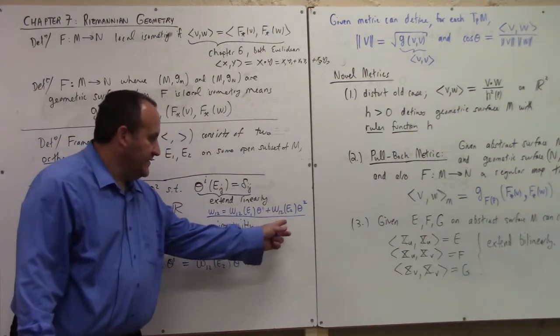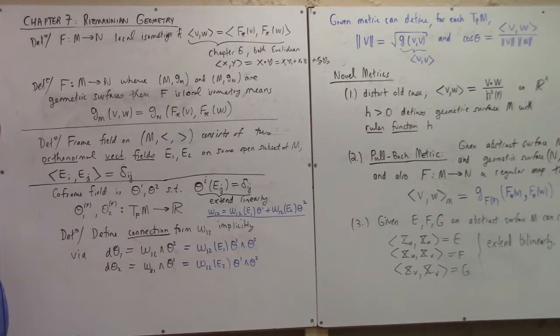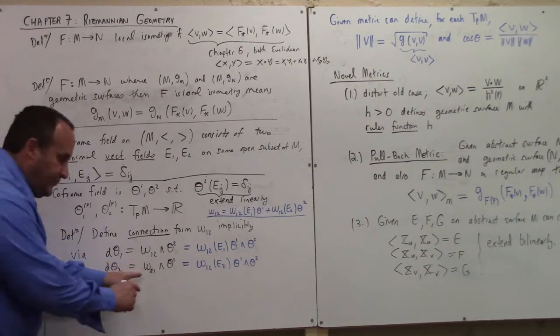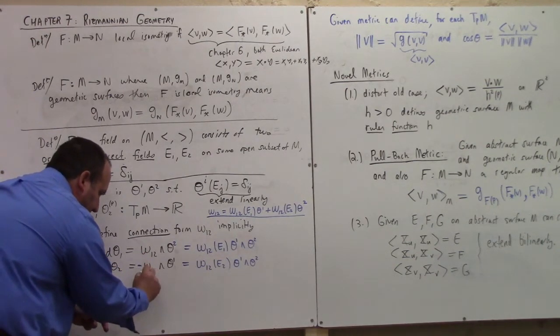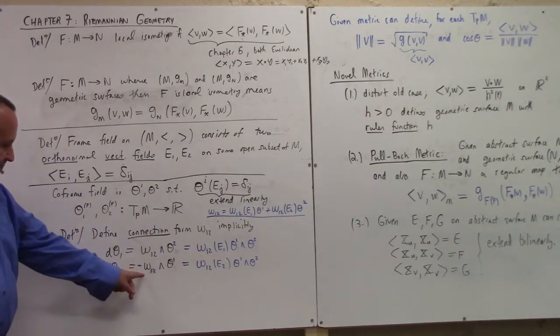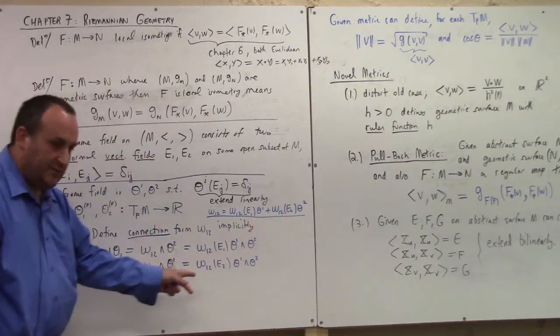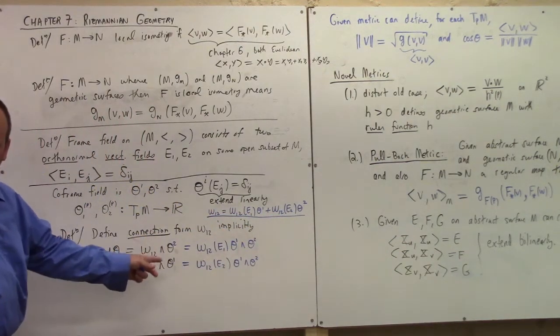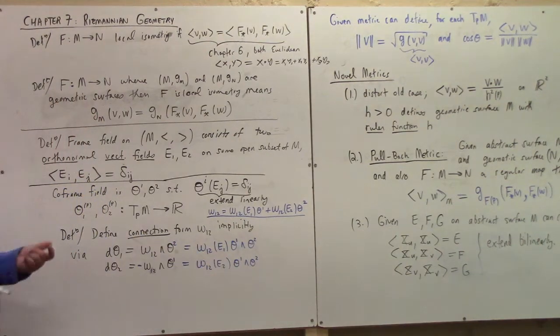So I get omega 1, 2. My first step should be to erase this and put minus omega 1, 2. But then minus omega 1, 2 gives me this omega 1, 2 of E2, theta 2 piece, but then I have theta 2 wedge theta 1. But you notice the expression over here has theta 1 wedge theta 2. So that's why the minus and minus gave me a plus.